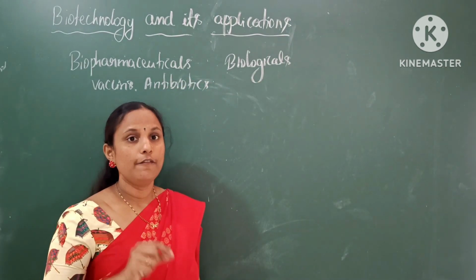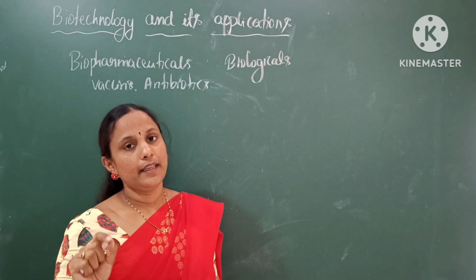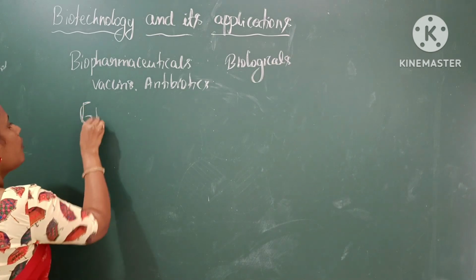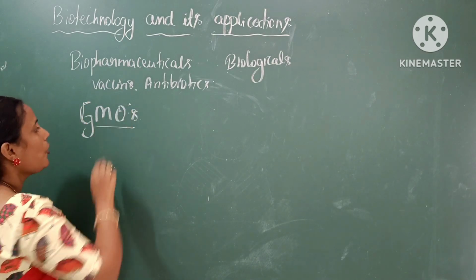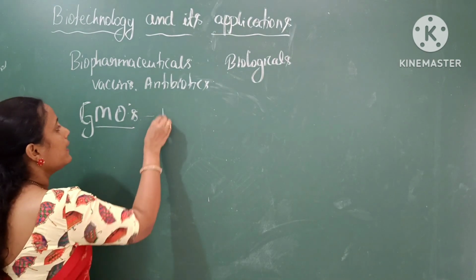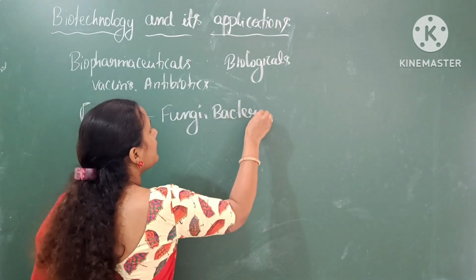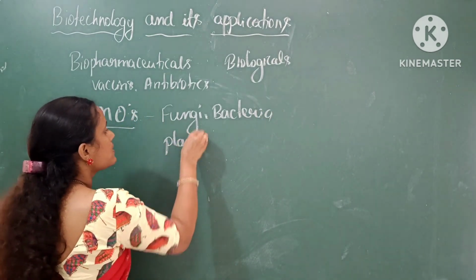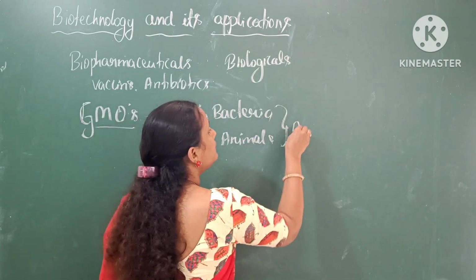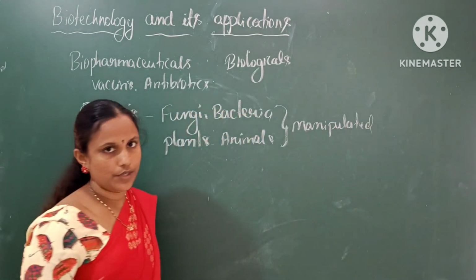For their production, we make use of the organisms which are manipulated with their genome. They are called genetically modified organisms. In short, we can call them as GMOs. That is, certain fungi, bacteria, plants and animals are manipulated in their genetic composition.